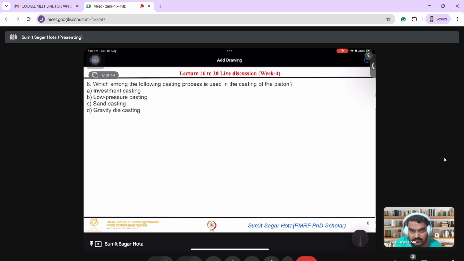Which among the following casting processes is used in the casting of the piston? For the casting of the piston, we always need gravity die casting.